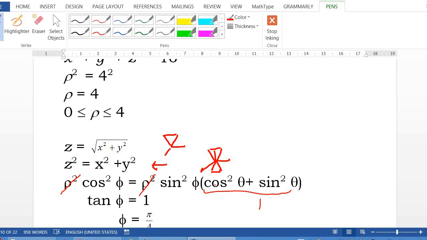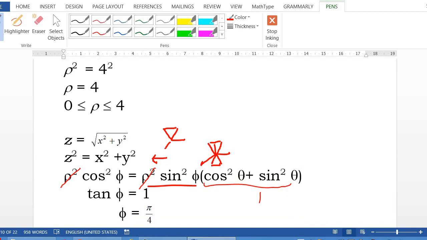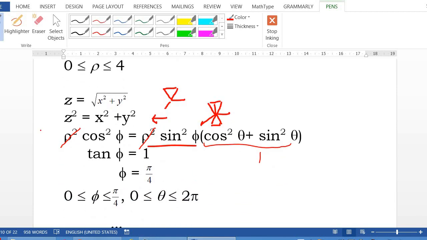Y is rho sin phi sin theta. In both the x squared and y squared terms you have the same factor, rho squared sin squared phi, which factors out. Cos squared theta plus sin squared theta is equal to 1. Cancel rho squared on both sides.